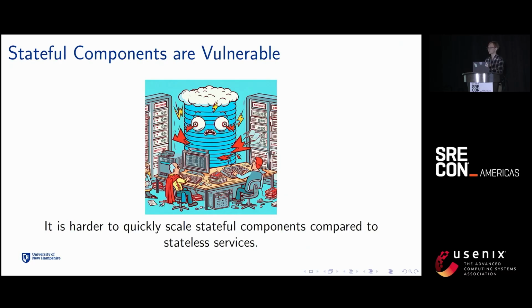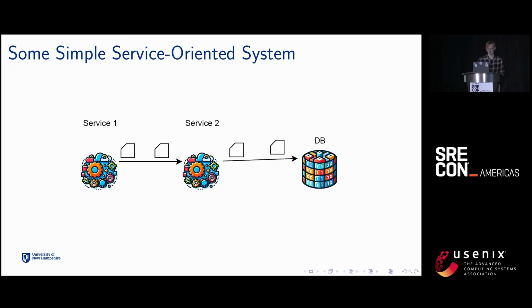Those reconfigurations take resources. And if you are overloaded because of a trigger, you don't have those resources, so you cannot really scale your way out of the problem. So we want to protect those stateful components. We don't want them to fail, and we don't want their failures to propagate through the rest of the system.